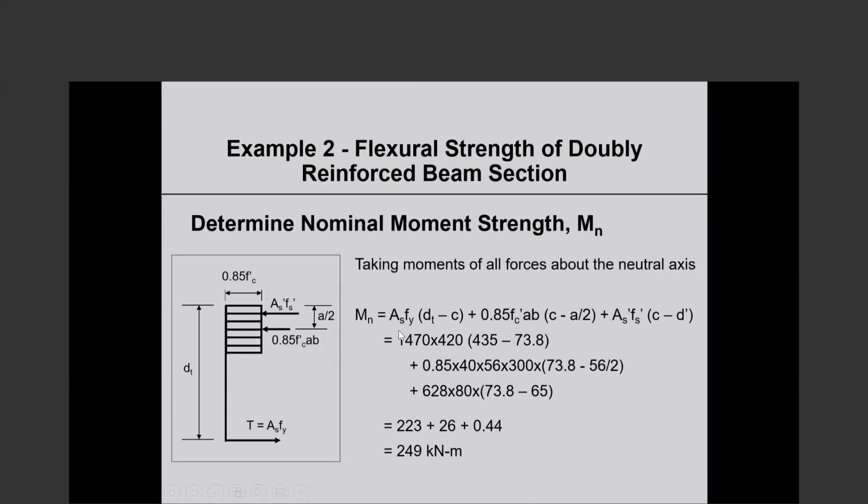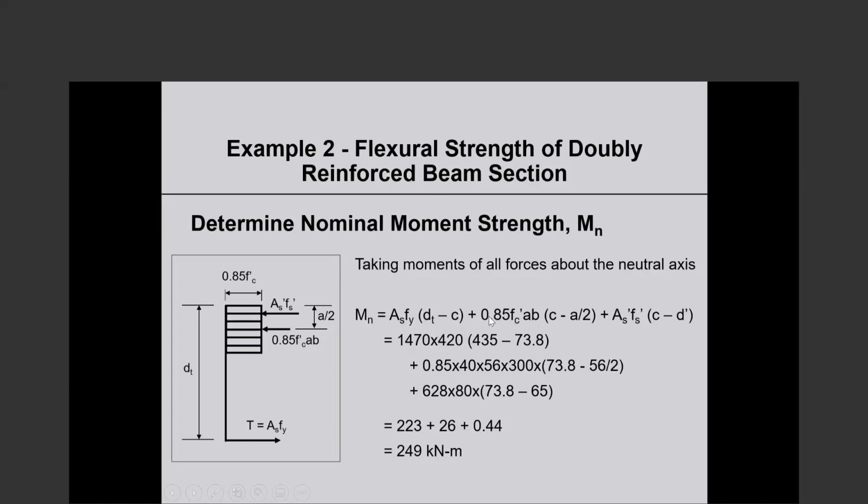So now we are in a position to calculate the nominal moment strength, and it is again nominal moment strength because the extreme compression fiber strain is 0.003. So we will take internal moments of the forces. So we are taking, in this case, moment about the neutral axis. That doesn't make any difference where you take your moments. So this is the tensile steel force multiplied by its distance from the neutral axis.